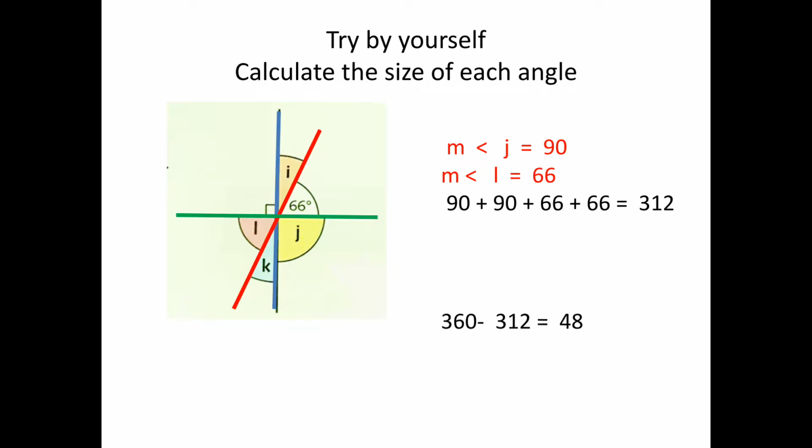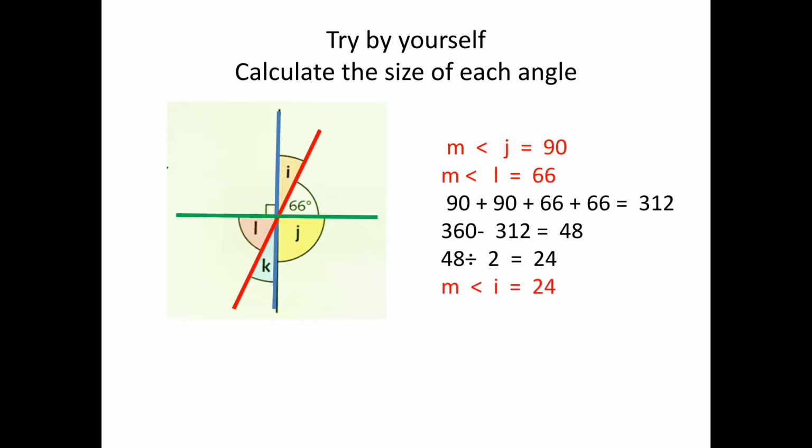Then subtract what you got from 360. It gave you 48. As you know, this 48 is for two angles together, I and K together. So to get each angle by itself, I have to divide this number by 2, which means that measure of angle I is 24 and measure of angle K is also 24.